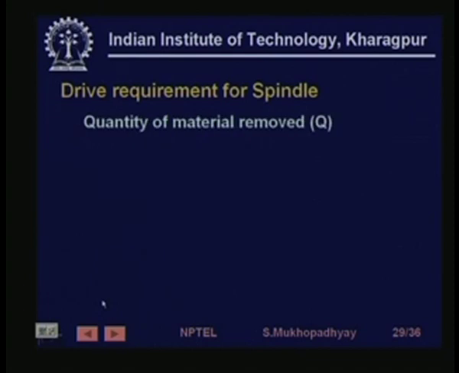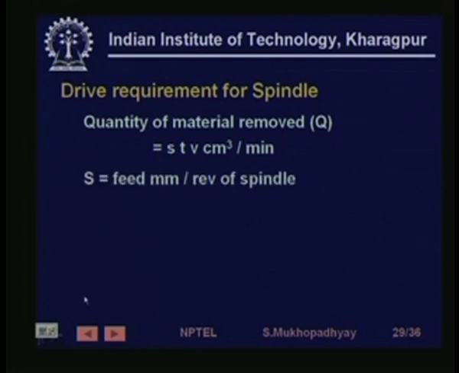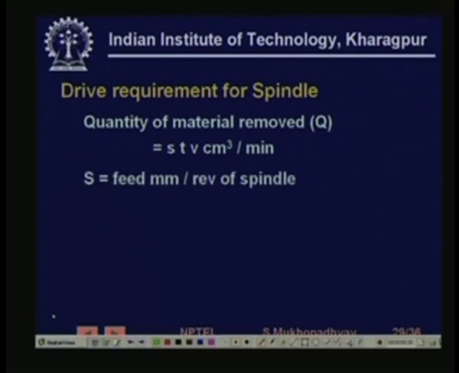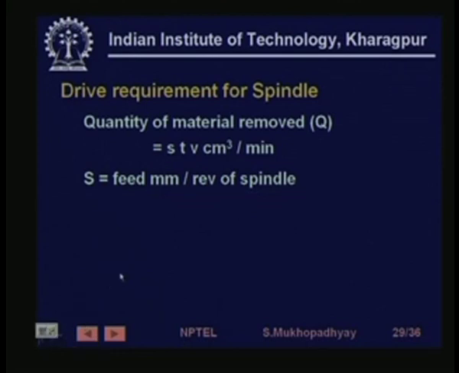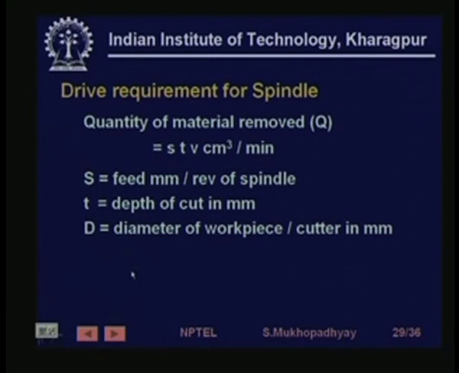For the spindle, it turns out that again the drive requirement is related to the quantity of material removed. So, the quantity of material removed is feed per revolution of spindle, S. T is the depth of cut and d is the diameter of the workpiece or the cutter and eta is the RPM.